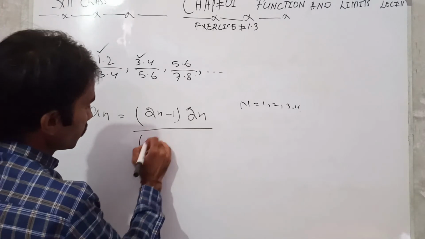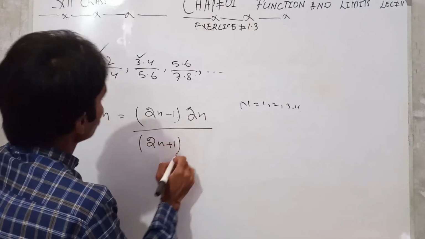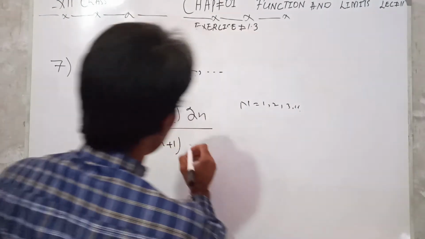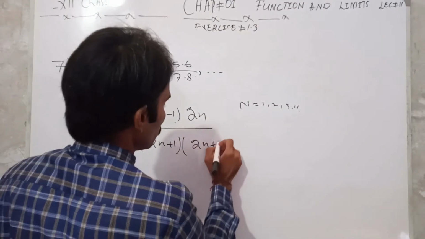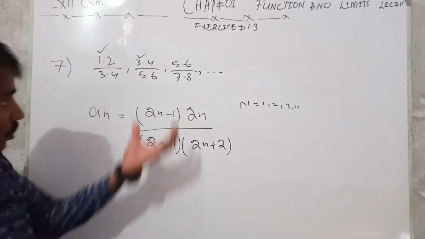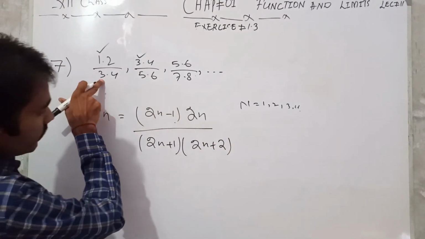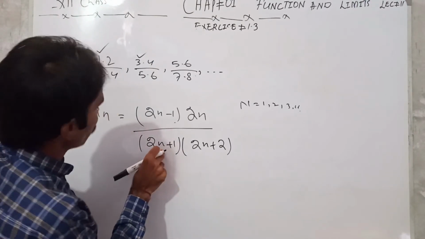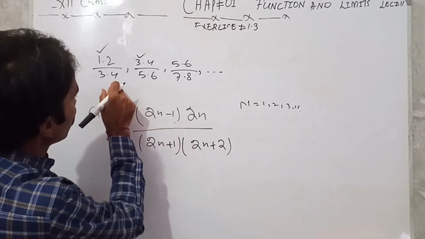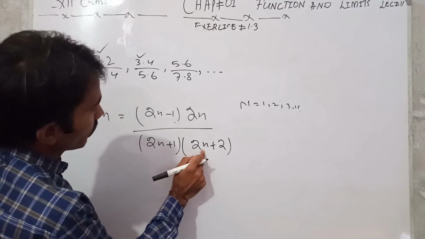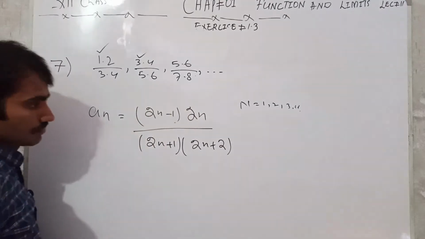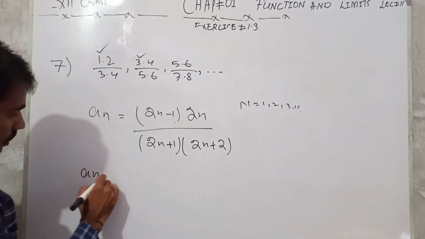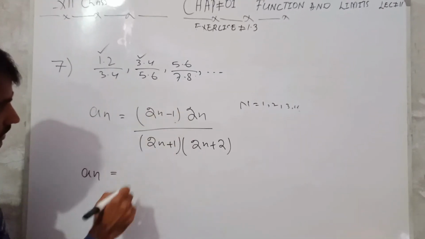In the denominator, 2n plus 1 and 2n plus 2. In the denominator, when you put 1 you get 3, and when you put 2 or 1 you get 4. So like that. This is the general term. Now we multiply these brackets.